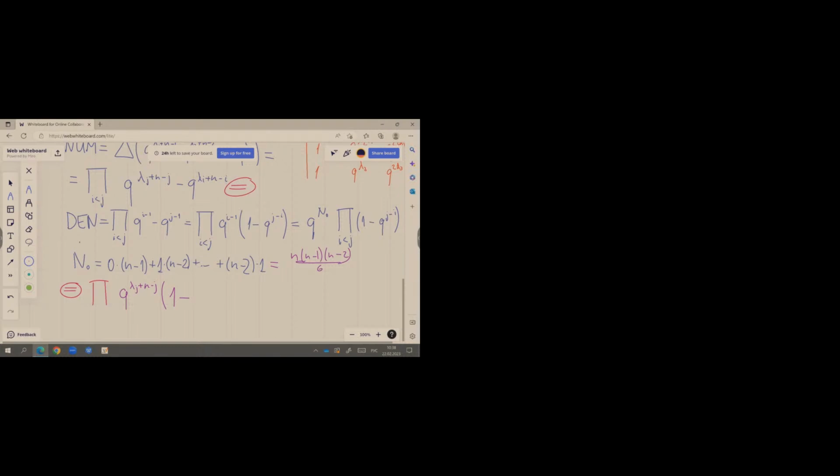minus q to the power of lambda i minus lambda j minus i plus j, for i less than j.